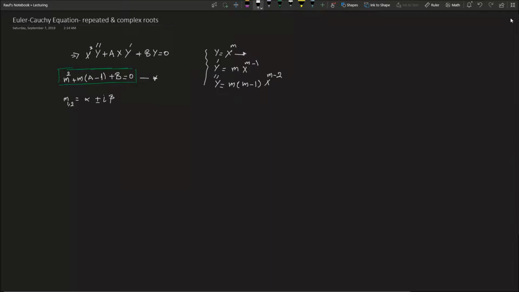Okay, in that case, firstly, you will assume t equals ln x.